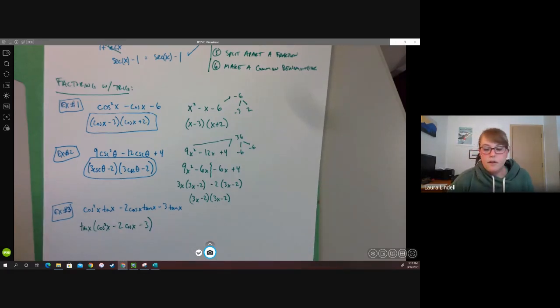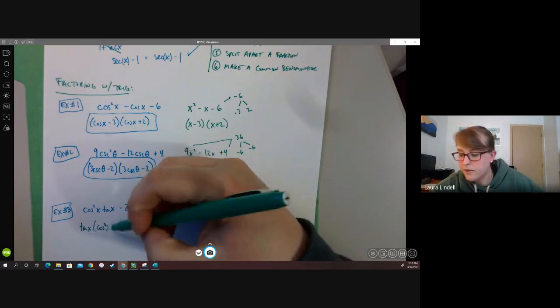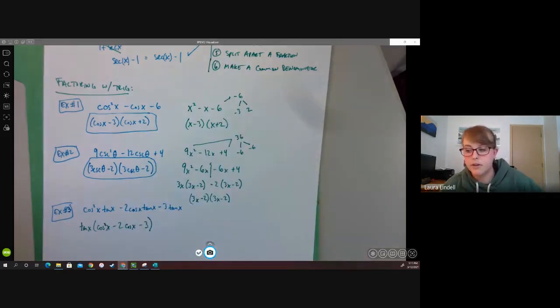So this one factors the same way that example 1 did. So go ahead and finish factoring this one, the cosine squared minus 2 cosine x minus 3. And when you think you've finished factoring there, type got it in the chat.